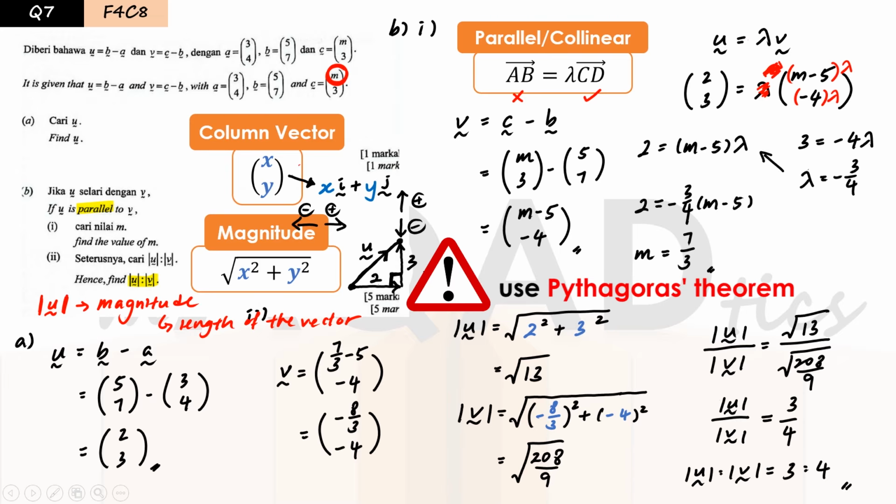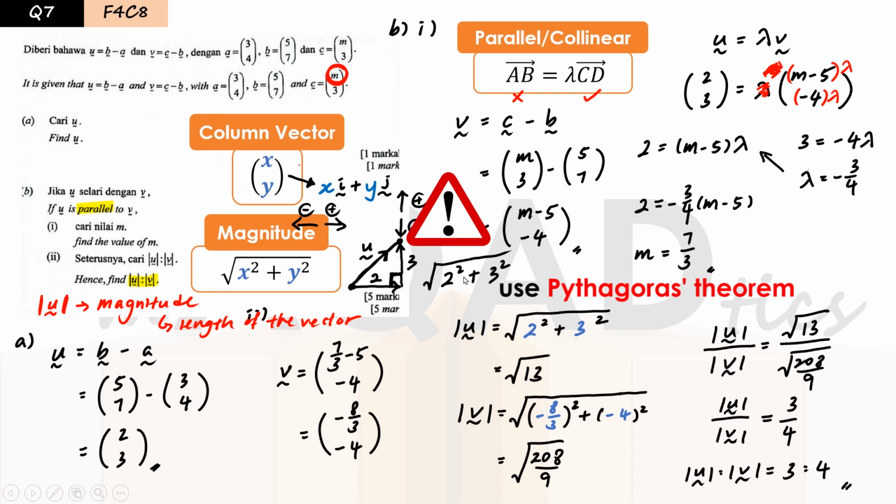So let's say we are trying to find the length of vector u. How should we do it? We take 2 and 3, which are the lengths of the lines here, square them, add them up together, and then square root.